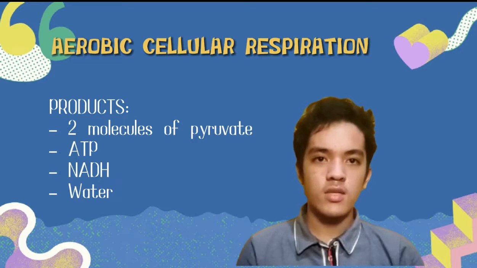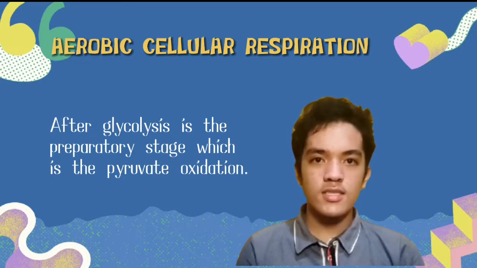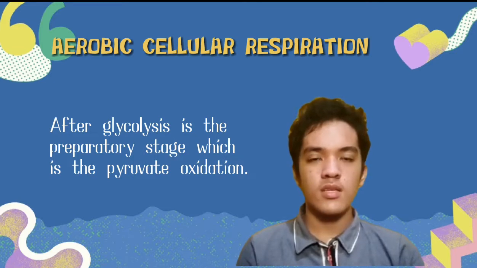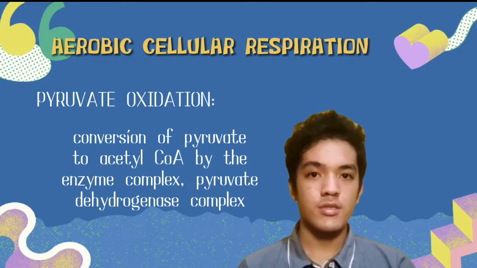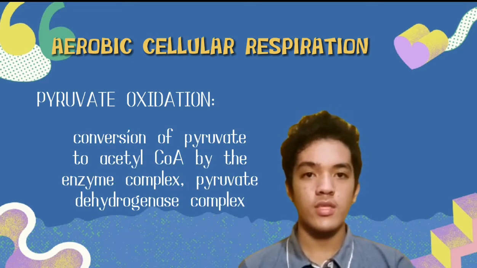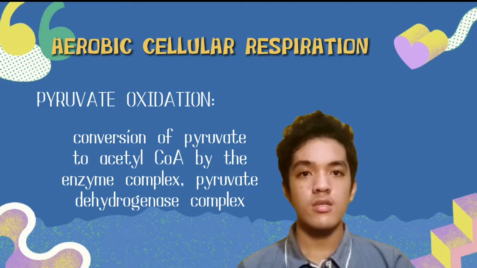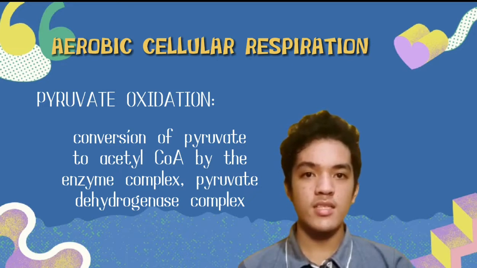and water. After glycolysis is the preparatory stage, which is the pyruvic oxidation. Pyruvic oxidation is the conversion of the pyruvate into acetyl CoA by the enzyme complex pyruvate dehydrogenase complex.